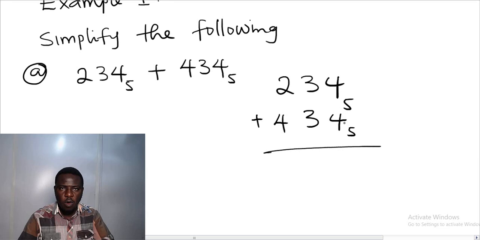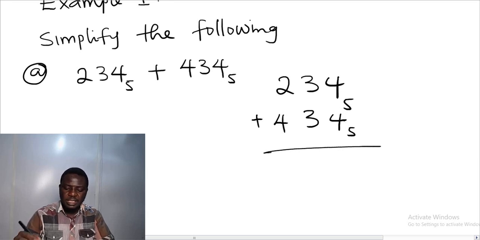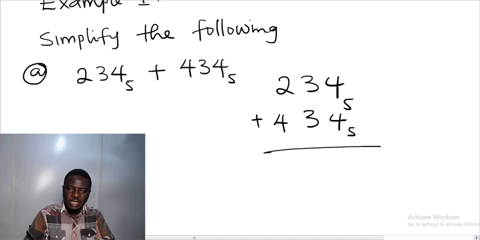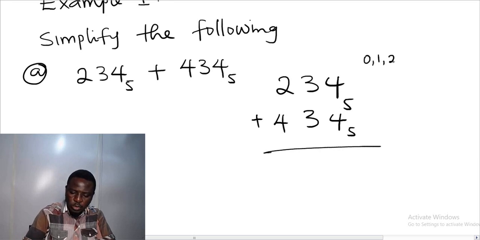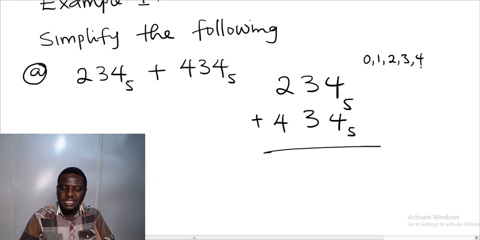4 plus 4 is said to be 8. And since 8 is not a digit in base 5, what do we do? Remember, digits in base 5 include 0, 1, 2, 3, and 4. Digits higher than this are said not to be in base 5.